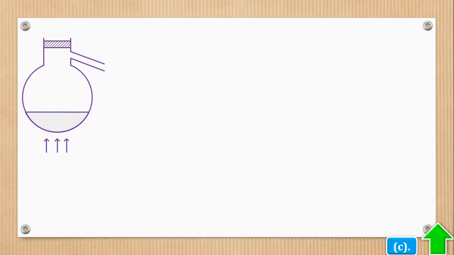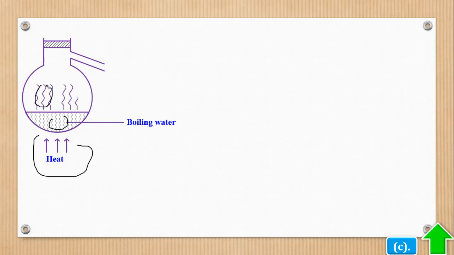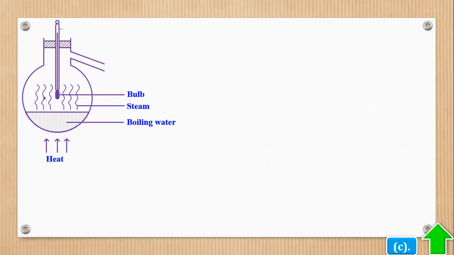So this will be the heat to heat this liquid, and when it boils, this will be now the steam. So you also need the thermometer to measure that, to get that reading. And this will be the escape route for the steam.